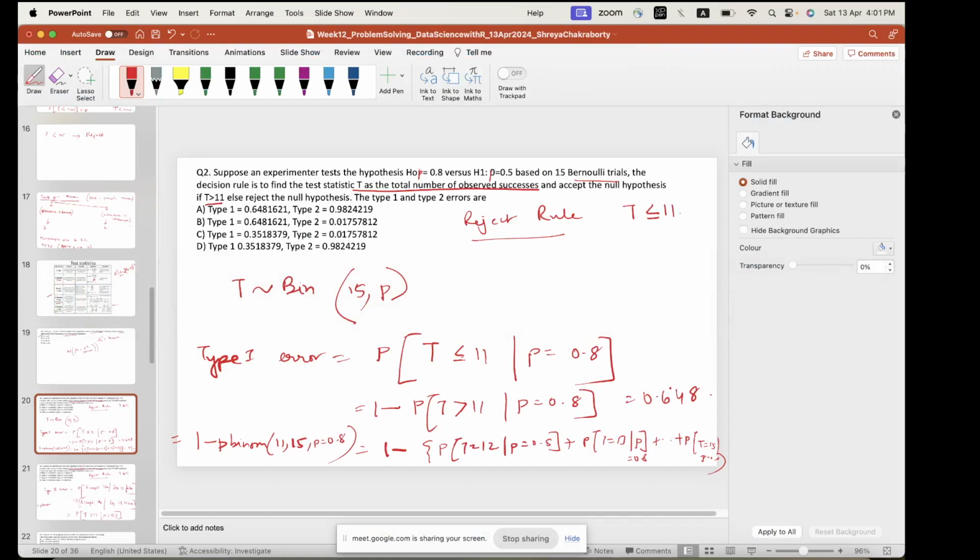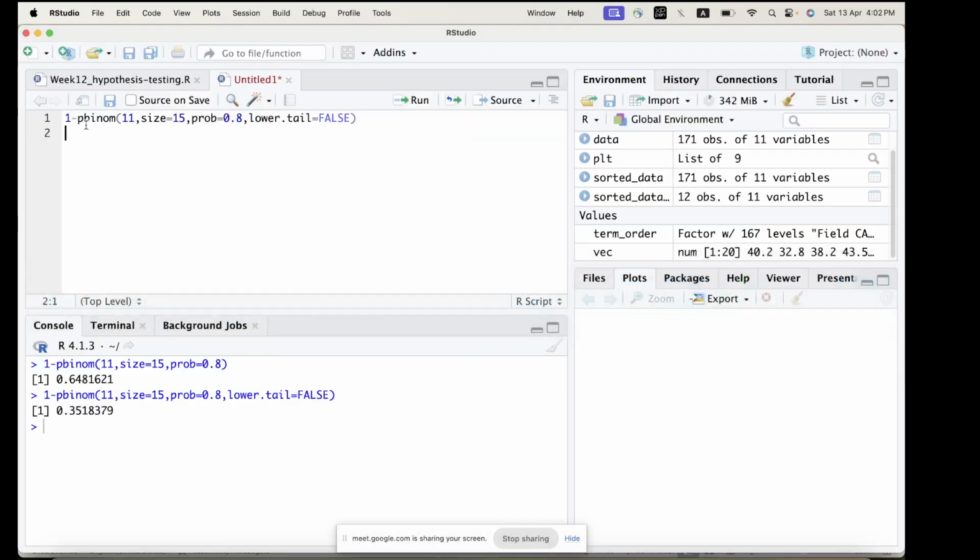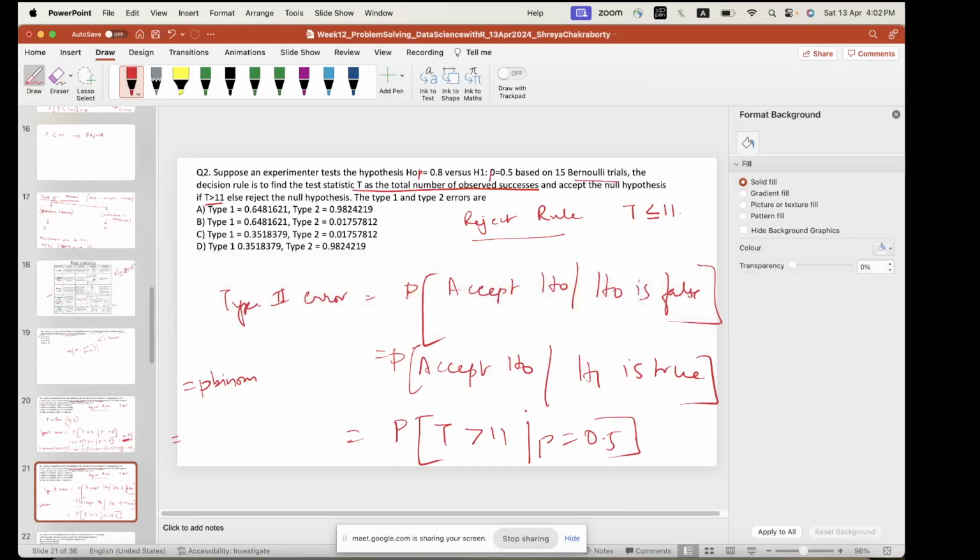So yeah, this is 0.35. Okay, and this one is also the same thing. We'll do pbinom, just this thing, 11, size is 15 but probability is 0.5, so it should be 0.017. This is 0.017. So this answer C is the correct one.